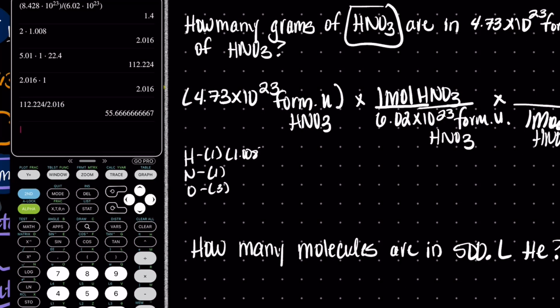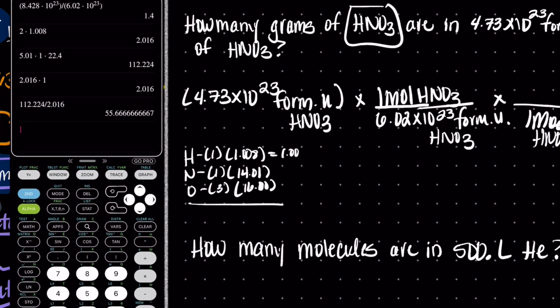We know the average molar mass of hydrogen. That nitrogen is going to come out at a whopping 14.01. And oxygen is going to come in at a whopping 16.